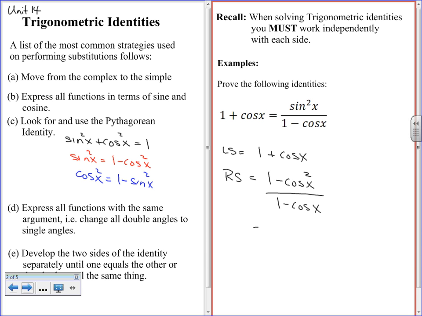So when you're factoring a difference of squares, you reach back to when you first learned it, and it factors to 1 minus cos x times 1 plus cos x. Okay, and then what conveniently happens now when I simplify?